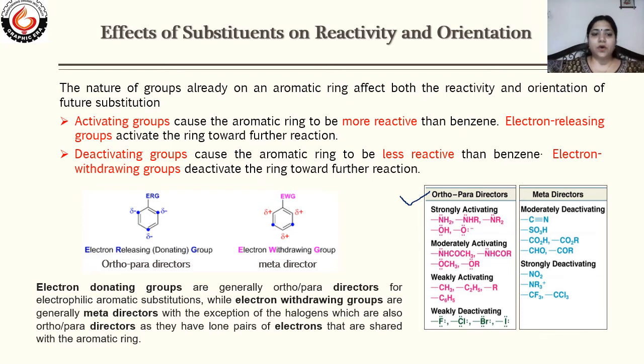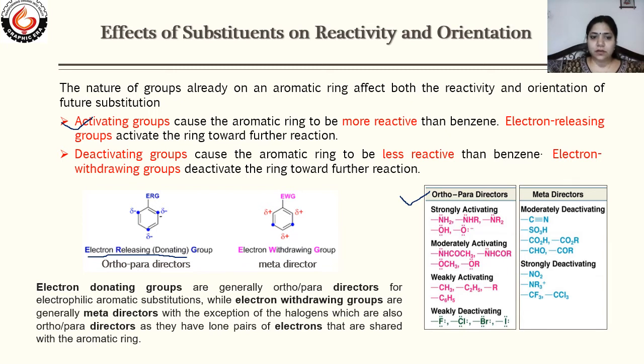And also these groups direct the further substitution, like if we are talking about the electron releasing groups. As you know, the electron releasing group activates the benzene ring for the electrophilic substitution reaction, and you can see here that if the electron releasing group is present here, it will give rise to the accumulation of electron density in ortho and para position.